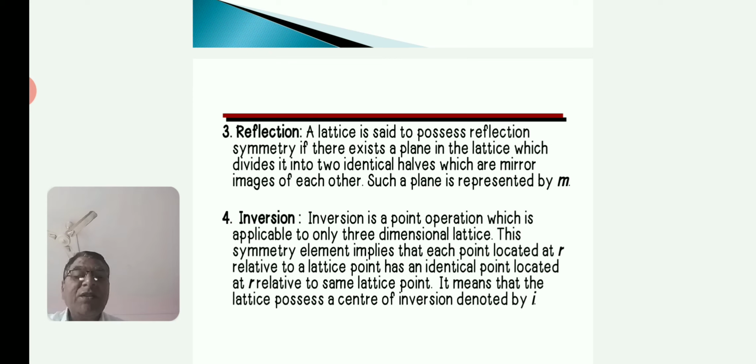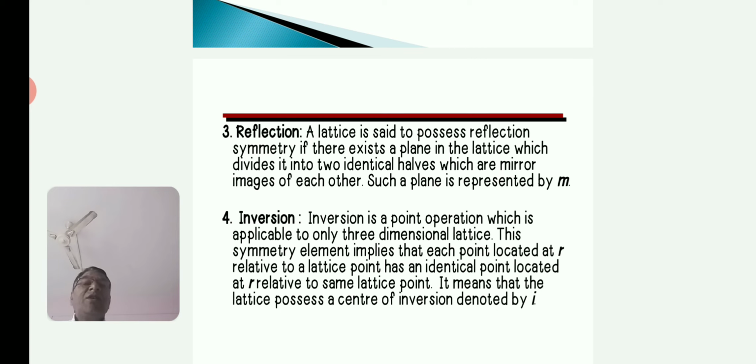In other words, it means that the lattice possesses a center of inversion. It is denoted by I inverse. In this way, we have studied in this period the basis and symmetry operation.